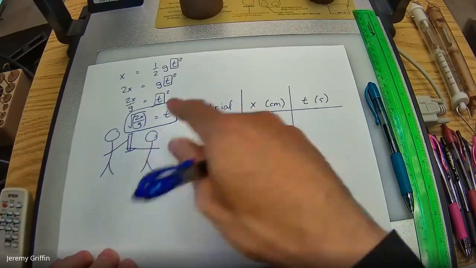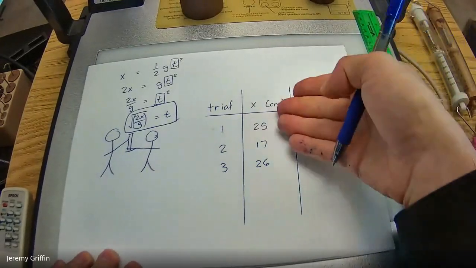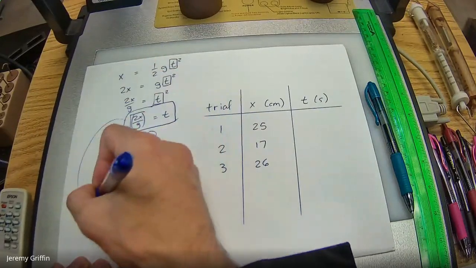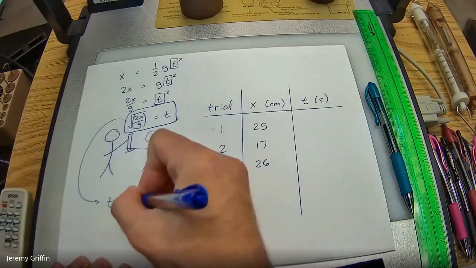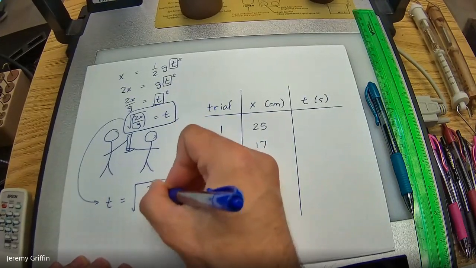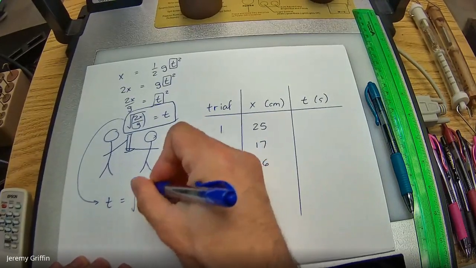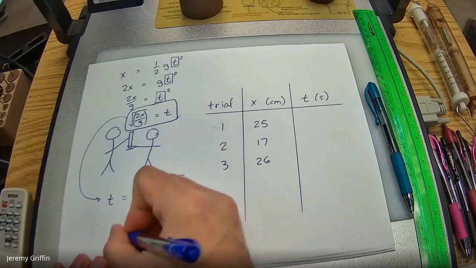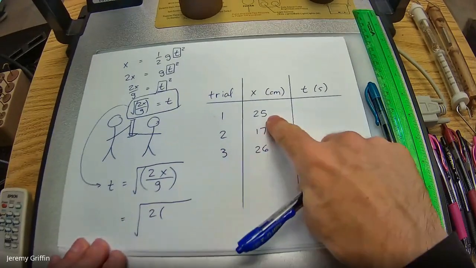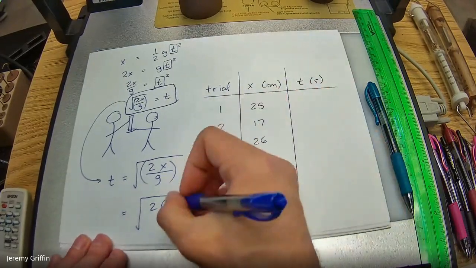All right, so yeah, now let's plug in these distances one by one and see what the times have been. Let me blow this up a bit. It's a little bit squeezed in there. So we got square root of 2 times the falling distance divided by Earth gravity. Right? So for example, you might get square root of 2 times 25 centimeters.